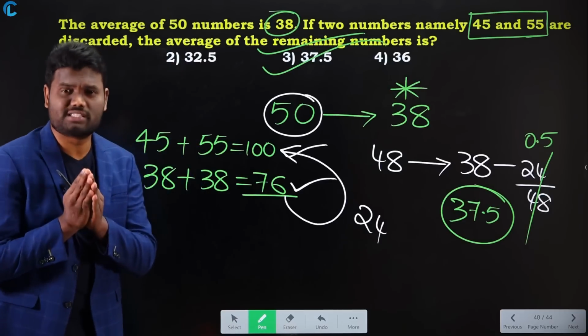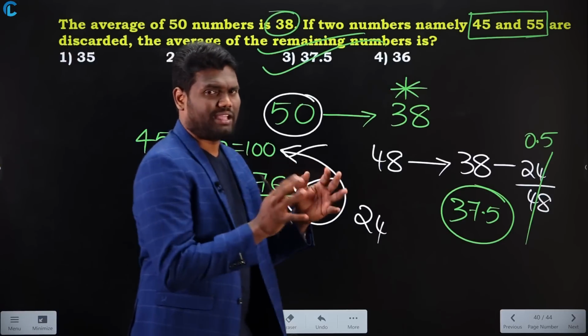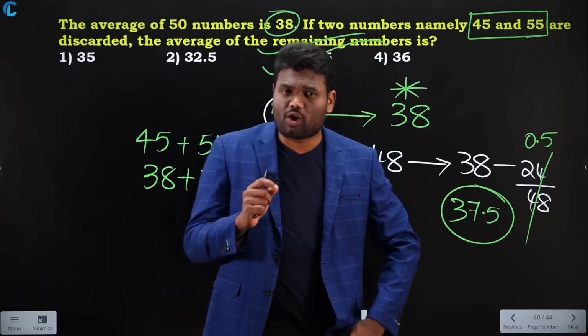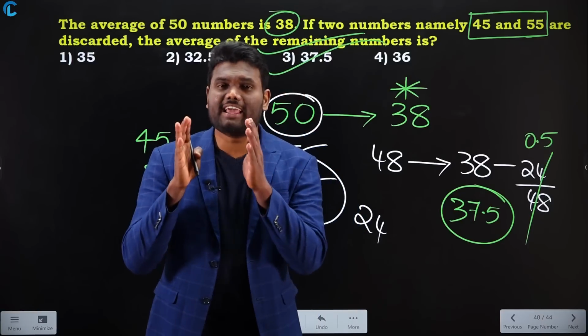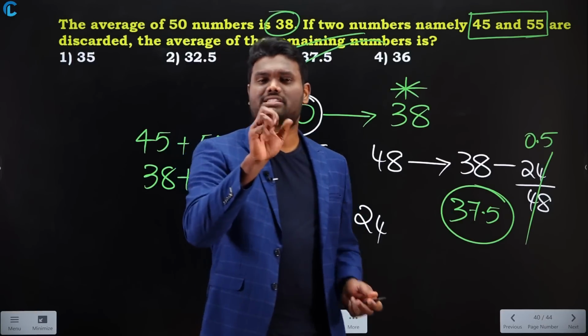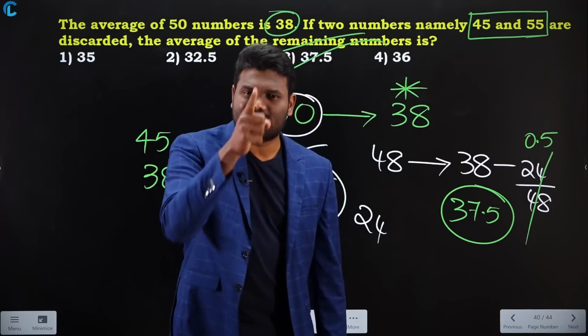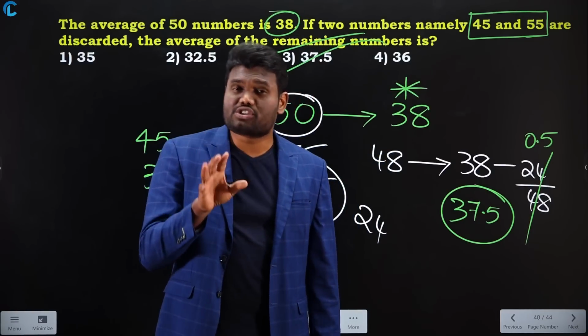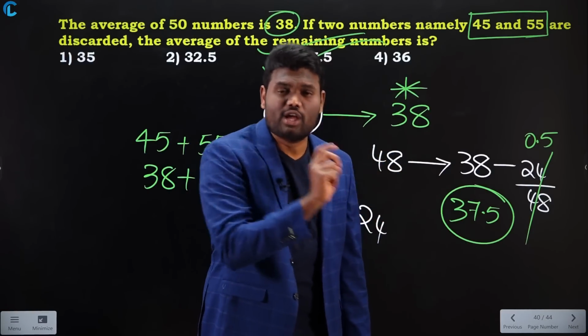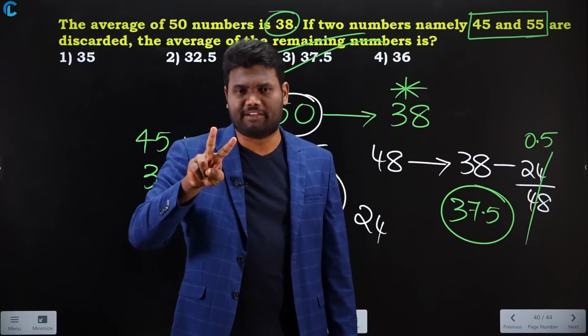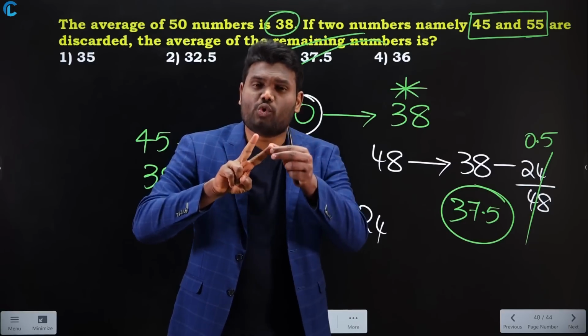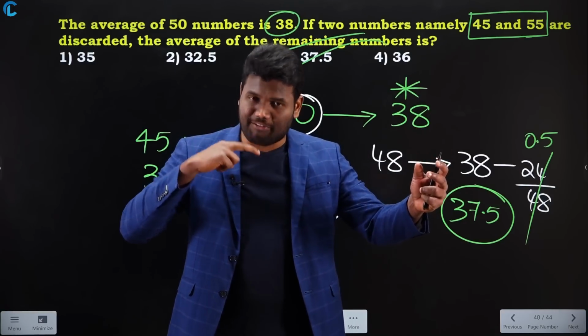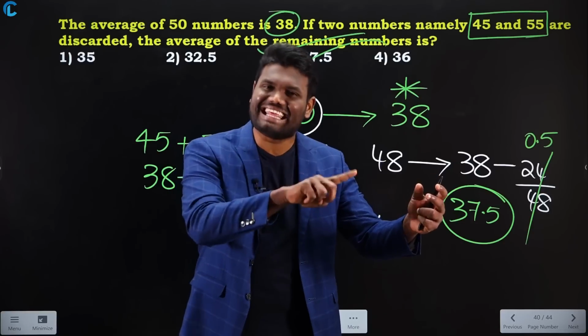This is very, very simple. Just use the concept of equal distribution. Here we have 50 numbers where average is 38, so each number should be 38, 38, 38. But unfortunately, 2 numbers are discarded. Those numbers are 45 and 55. Truly speaking, if 2 numbers are leaving, as per our concept, those numbers should be 38, 38.